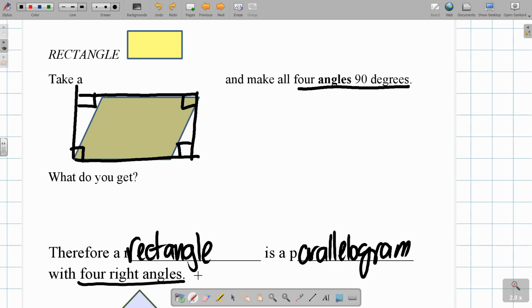Very simply put, a rectangle is a parallelogram with four right angles.